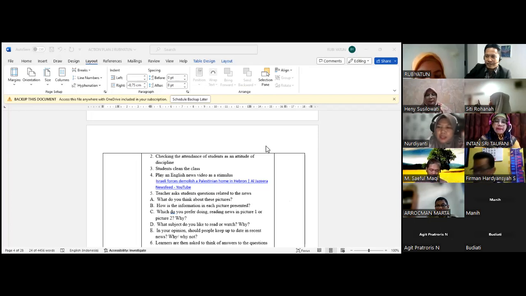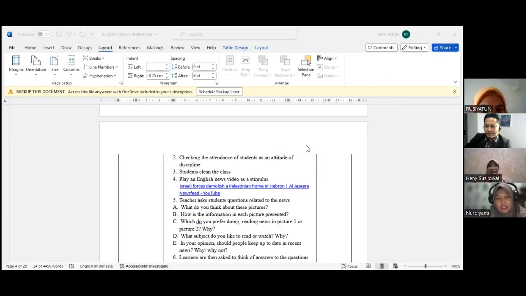Miss Nurdianti, yeah, Miss Money. The skill is reading. After the students watch the video about news, the students have to read individually, and then the students analyze the news.